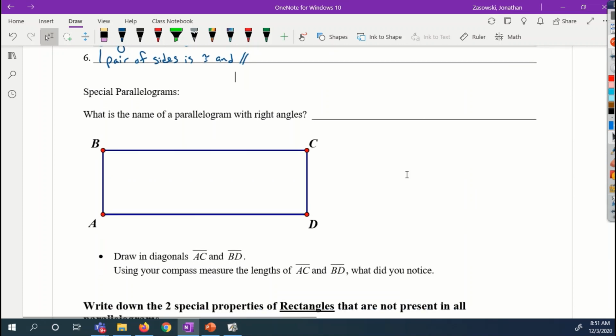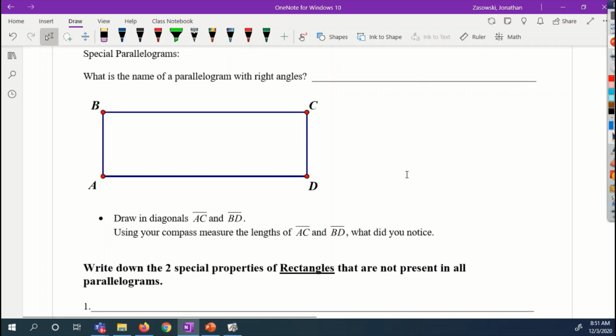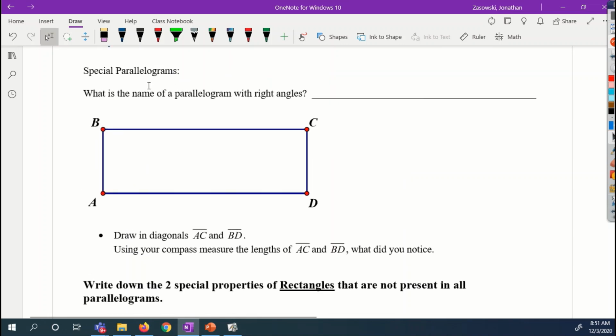All right. Now, this first parallelogram, and you're going to need a compass for this because we're going to talk about the properties here. Okay, what is a parallelogram with right angles? And hopefully you're noticing that this is a rectangle.